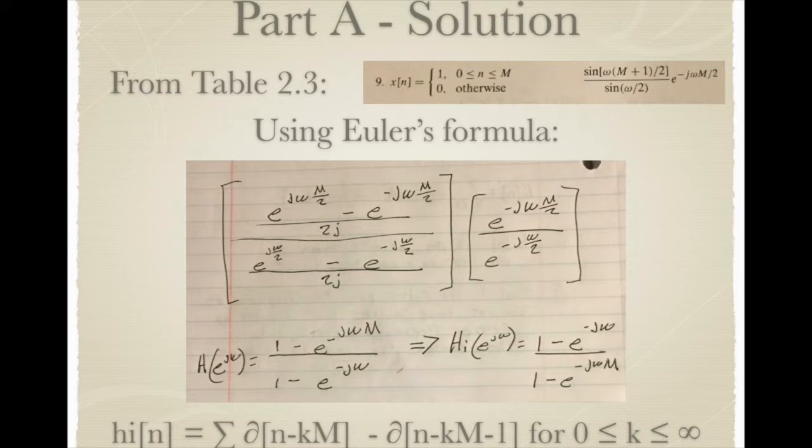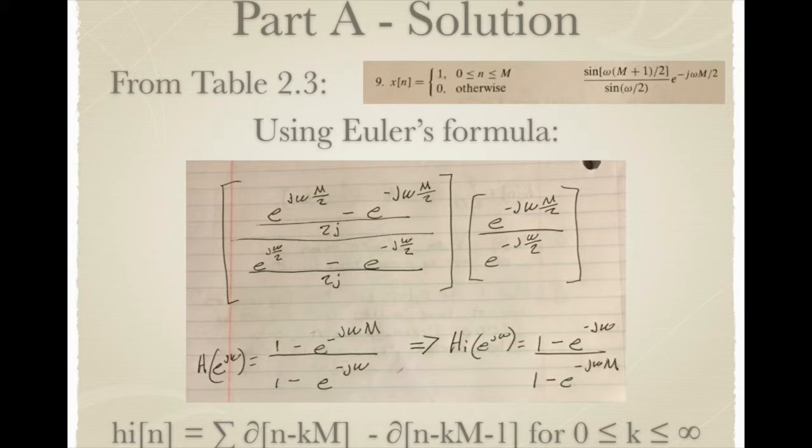So from figure 5.65-2, we have h[n] equal to 1 for n from 0 to M minus 1 and 0 otherwise. If you look in table 2.3, there is a Fourier transform of that. And if you use Euler's formula, you can break down the sine components into e^(jωM/2) minus e^(−jωM/2), over 2j.